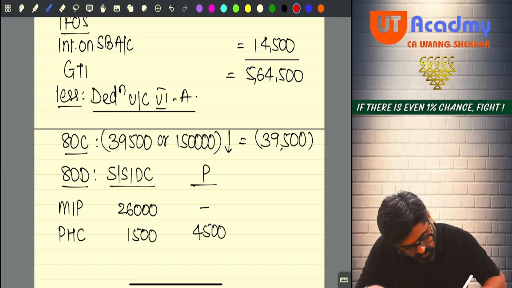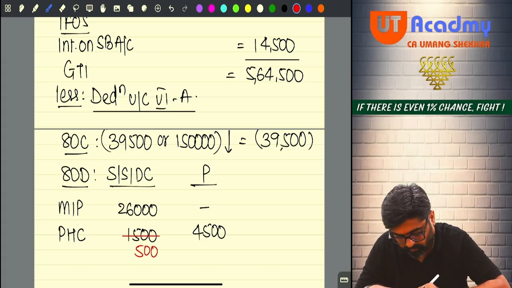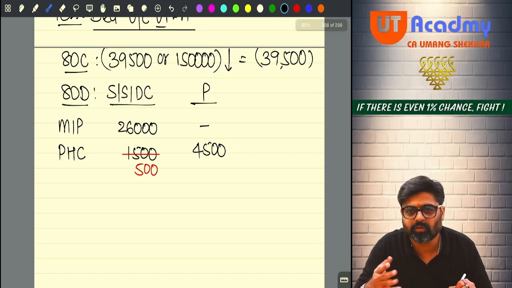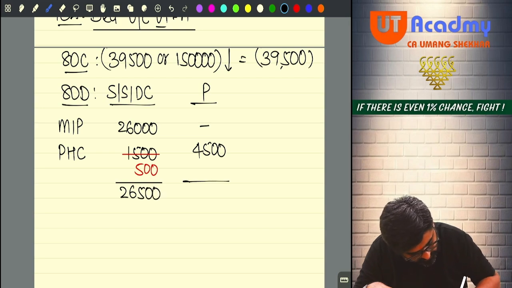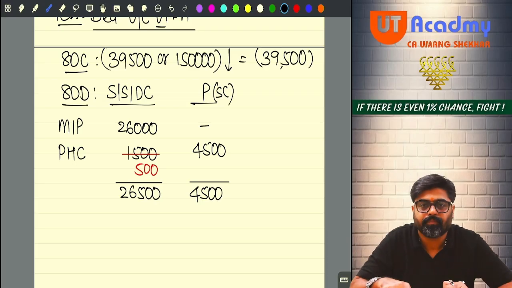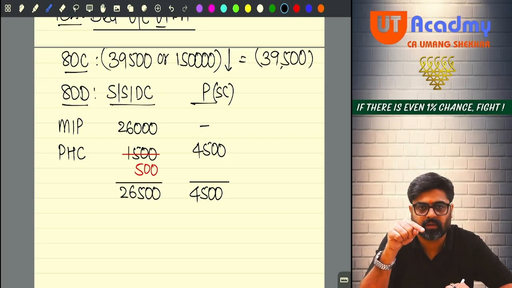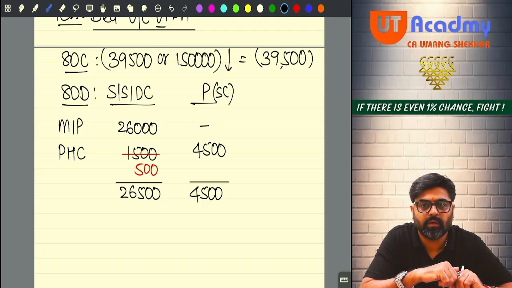So qualify this 4,500 and out of this qualify only 500. Even if you don't qualify this amount, there is no problem because the limit is already crossed. So tell me, how much is the total qualifying amount? 26,500, and here it will be 4,500. Remember, your parents are senior citizens, but the amount which is getting qualified is not mediclaim of a senior citizen. It is preventive health checkup.